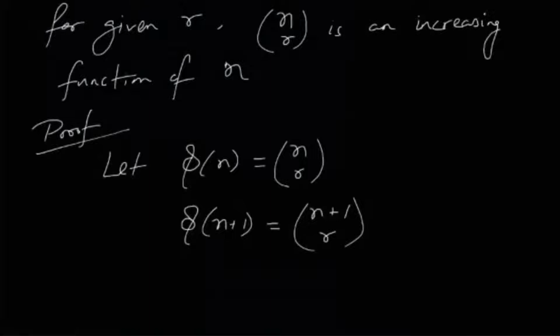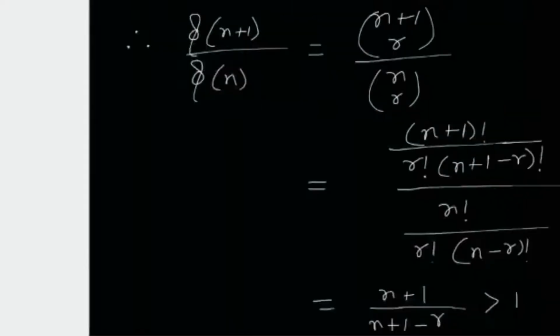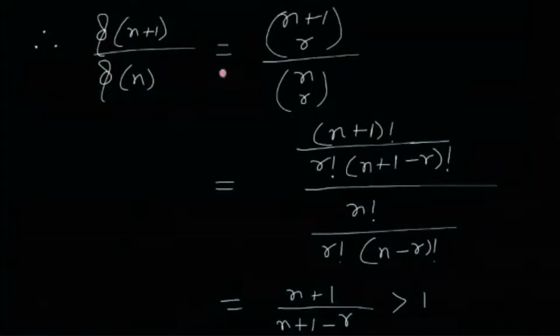Now, given r, N choose r is actually an increasing function of N. If we fix r, then this function N choose r is an increasing function, and we can easily prove that. Let phi of N denote N choose r. Then phi of N plus 1 is N plus 1 choose r. So phi of N plus 1 divided by phi of N is N plus 1 choose r divided by N choose r, which simplifies to N plus 1 divided by N plus 1 minus r.